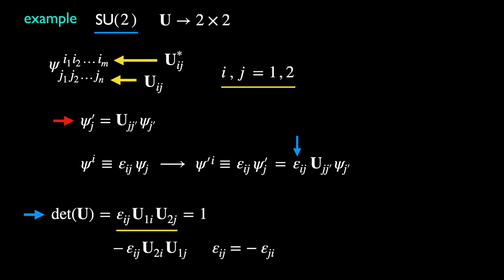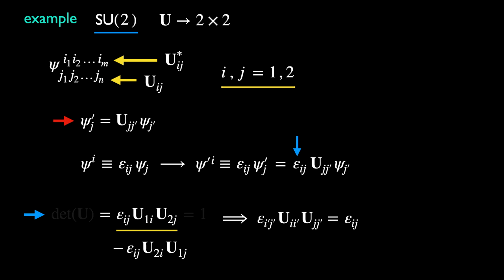This just tells us that switching the free indices 1 and 2 gives a minus sign. So we have an anti-symmetric two-index object with indices taking two values and which has a magnitude of 1. This is just the epsilon symbol. Thus the determinant of 1 implies that the epsilon symbol is invariant under SU2.